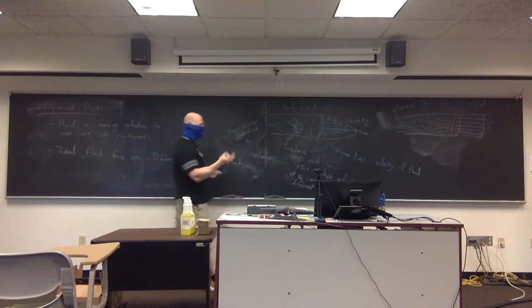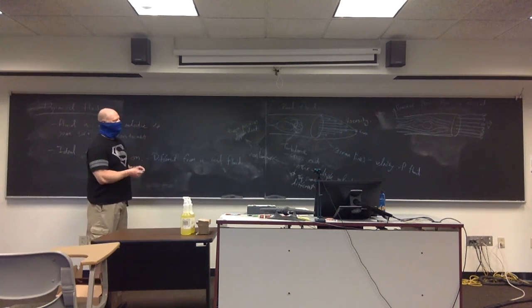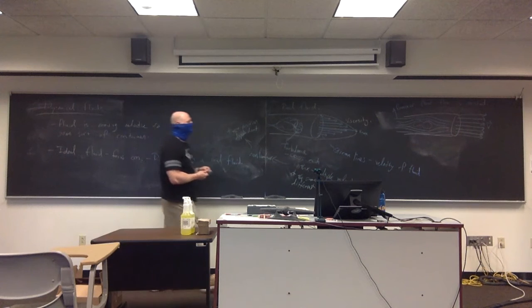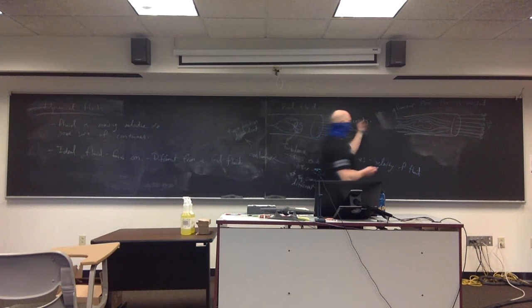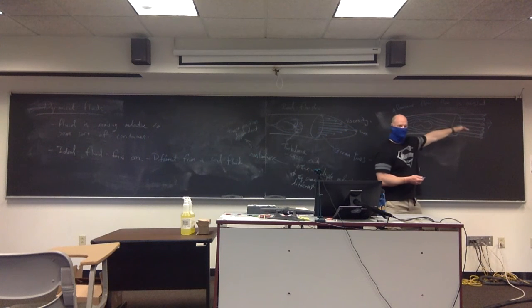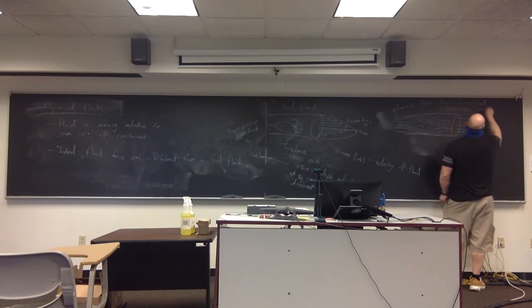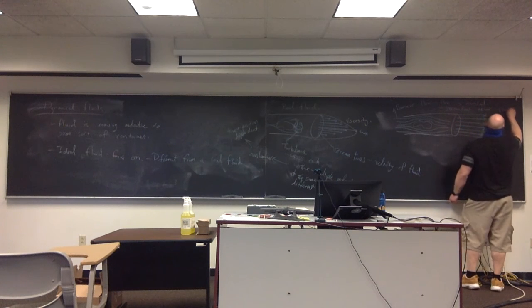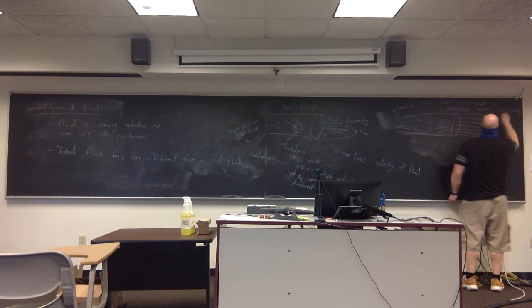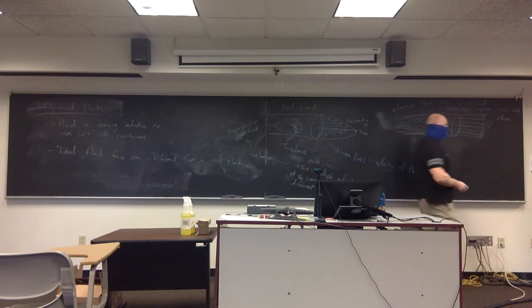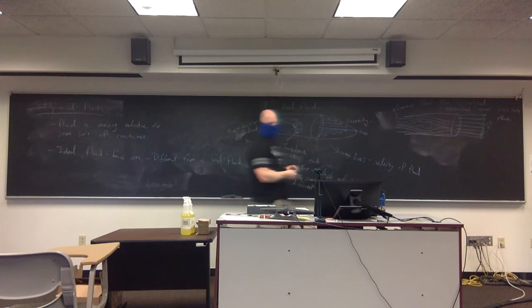So it means it has exactly the same magnitude of velocity at all times. Also, this thing is not turbulent because these things never actually cross each other. So here, the streamlines never cross each other. Which means that we're also going to have no turbulence.